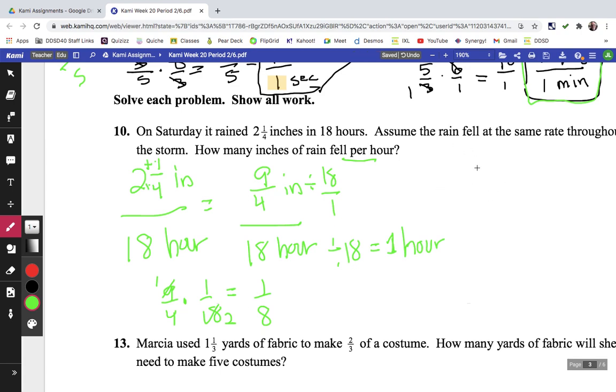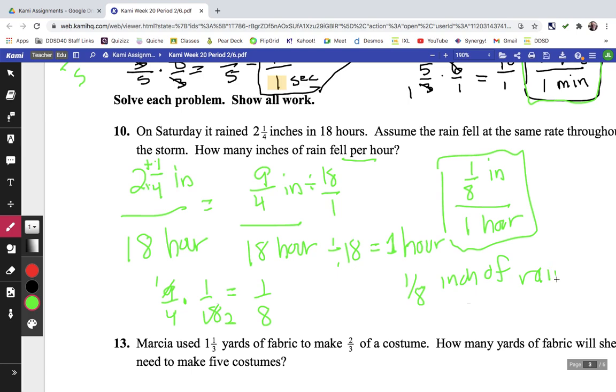So it's 1/8 of an inch per hour. 1/8 of an inch of rain in 1 hour. So that's one way we could put the answer, or 1/8 of an inch of rain per hour. That's another way you could put the answer.